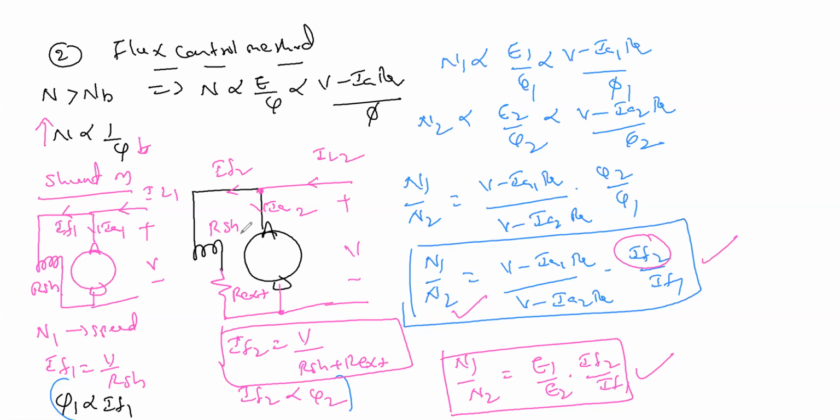So in this, speed can be increased by decreasing the field flux. Speed can be increased by decreasing the field flux. Okay.